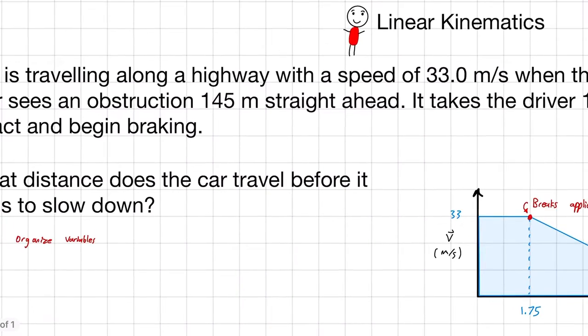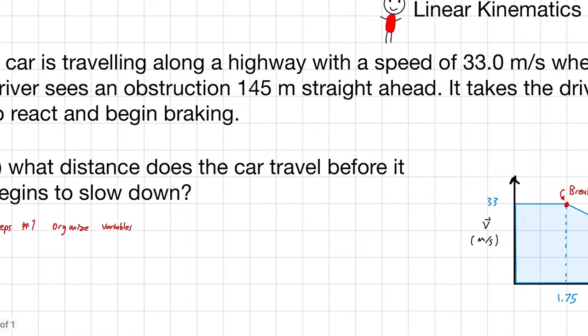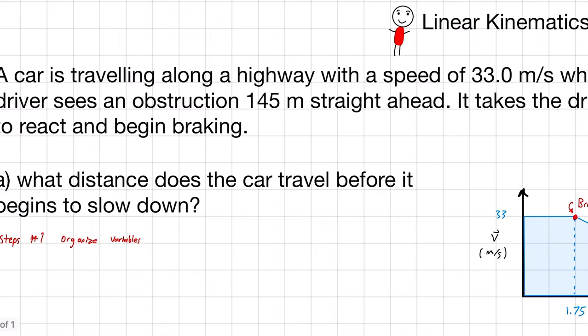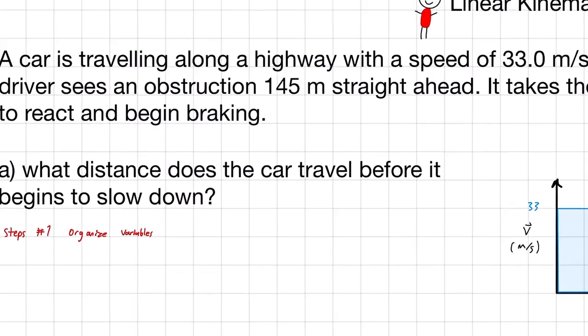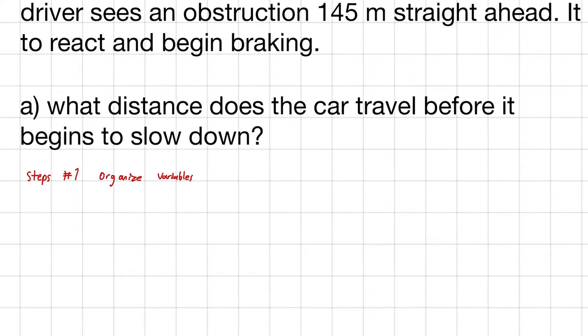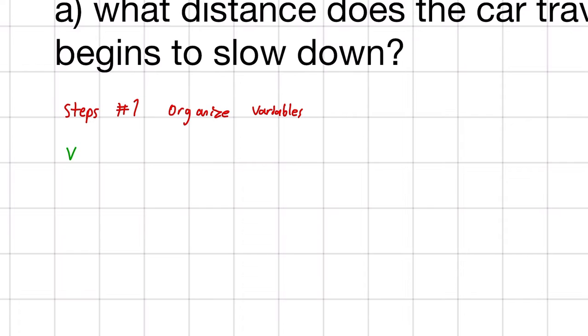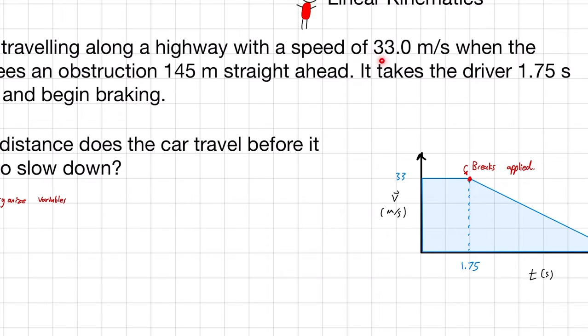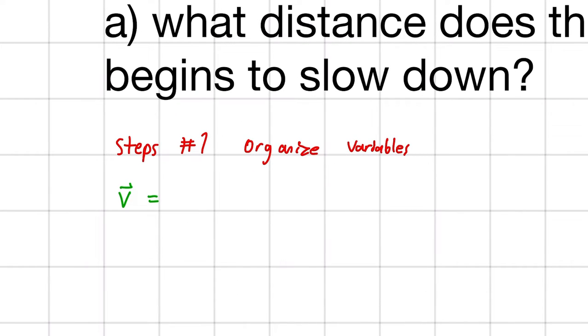Just going to do these in green. In this question, the variables we're concerned about are how fast we're traveling. When the driver sees this obstruction, he's traveling with a velocity. Here it says in the question 33 meters per second.